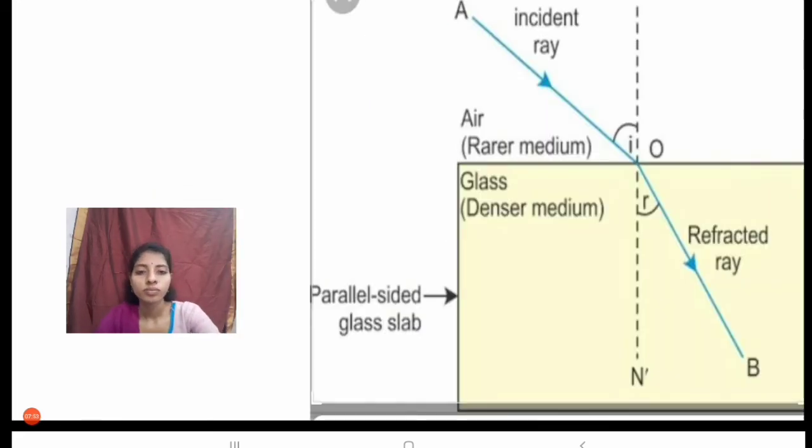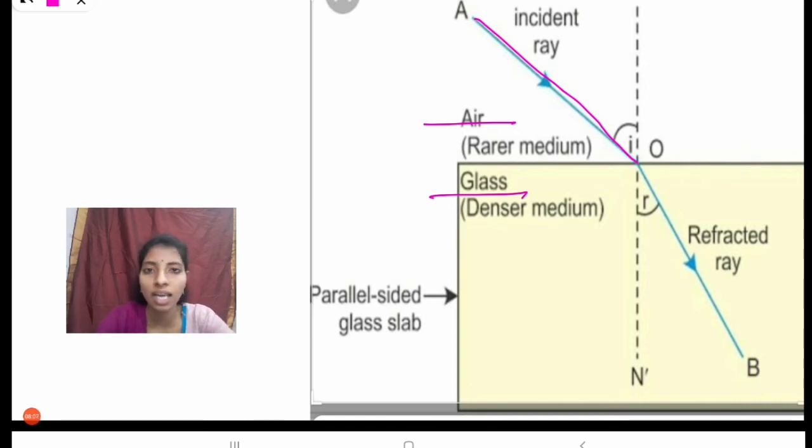So see here, we are taking two mediums, air medium and glass medium. When the light ray is incident at the surface of this interface between air and glass, after this the light ray travels through the glass medium.